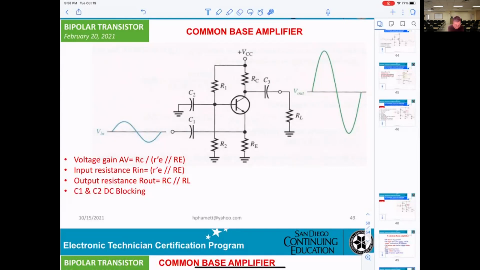Any question? Yes, teacher, I have a question. Which is the best amplifier? Is there an ideal amplifier among the three? Either common emitter, common collector, or common base, depending on the application. As engineers, we design the circuitry, then we have to decide which amplifier we need.